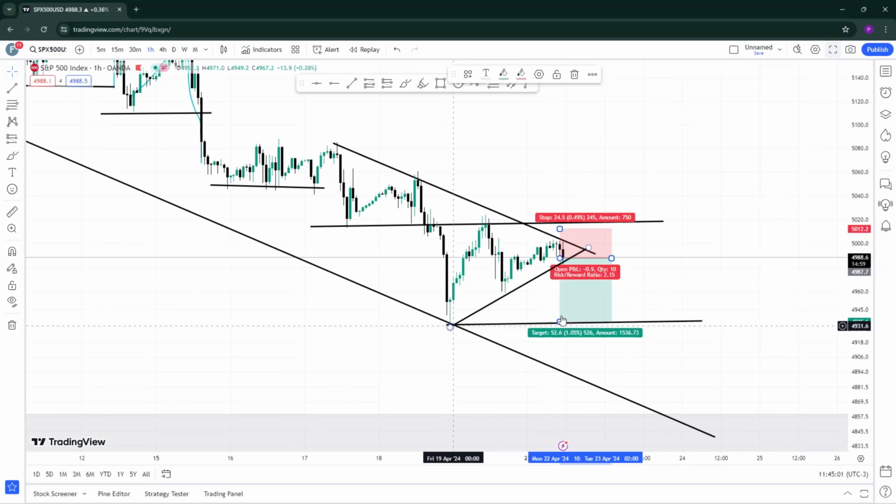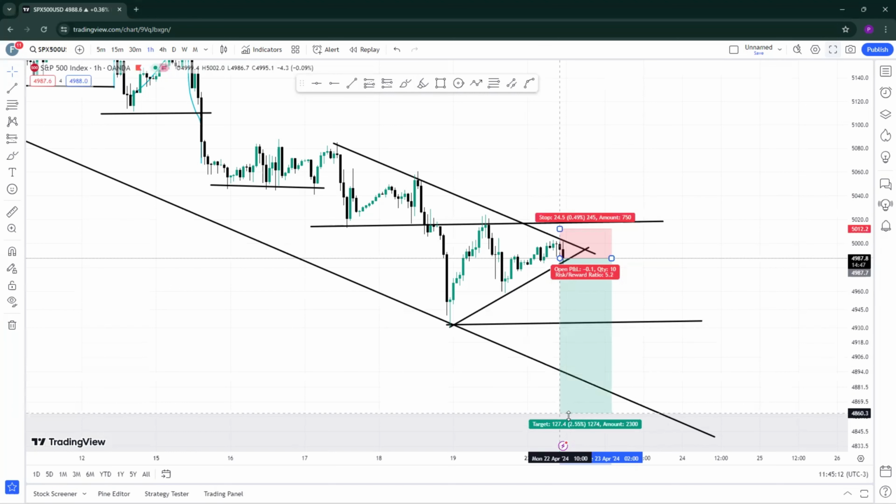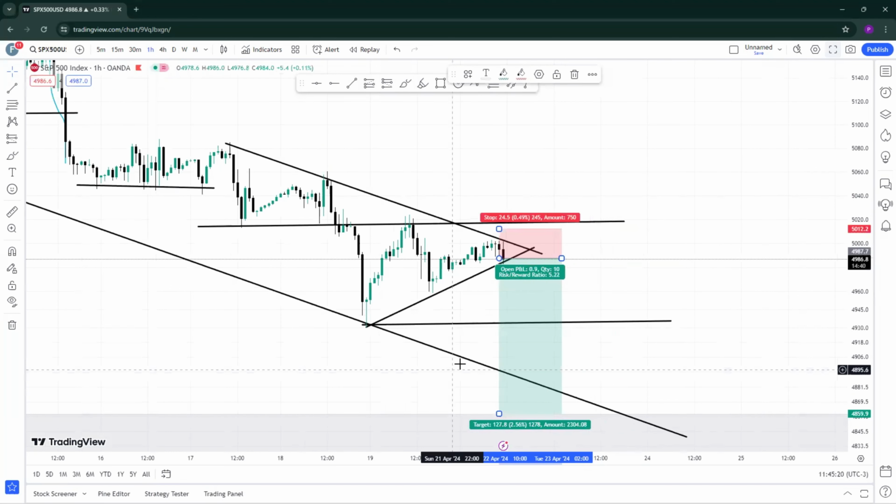And for the second one, if you want to take this trade for like 2 weeks or so, you can push your last TP at the psychological level, or the psychological zone.